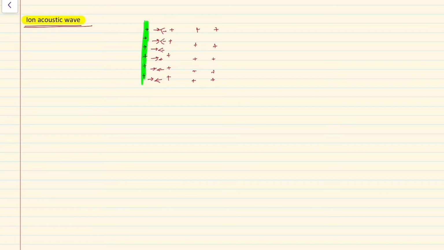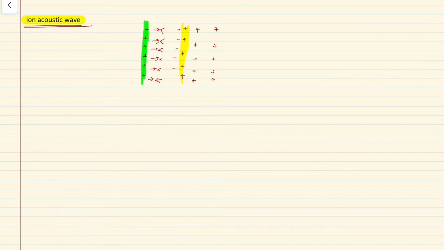Then these ions will be shifted to the next neighboring ions this way.